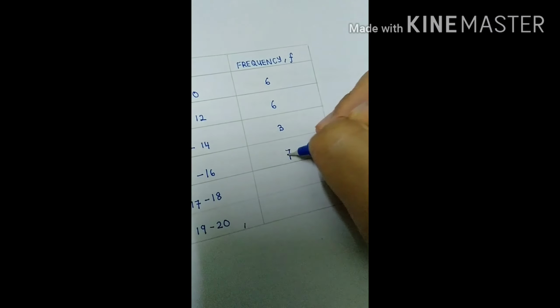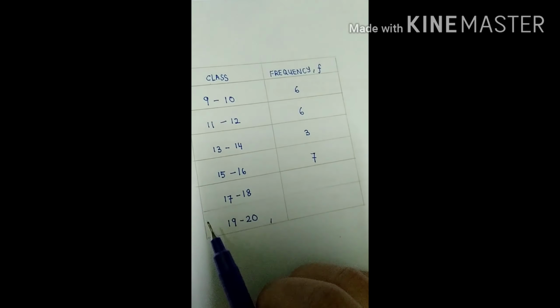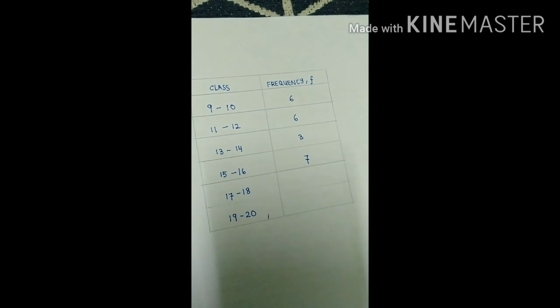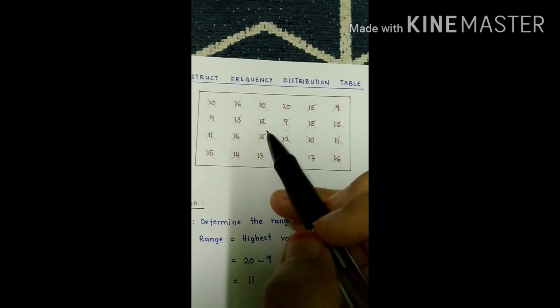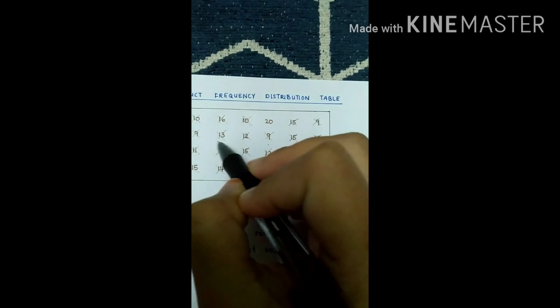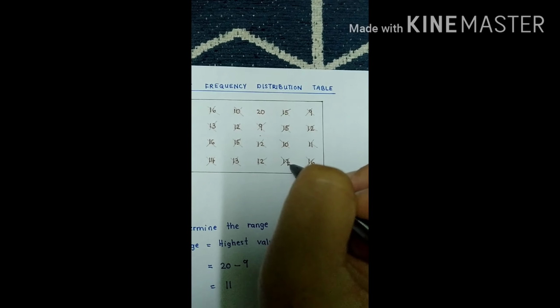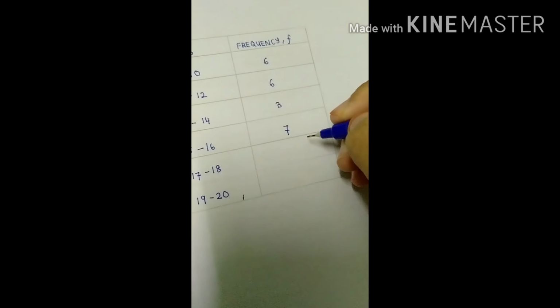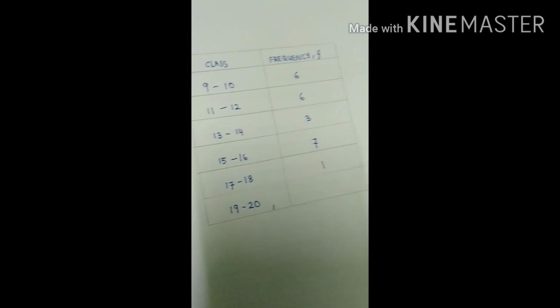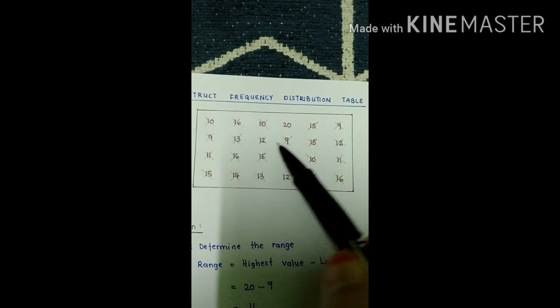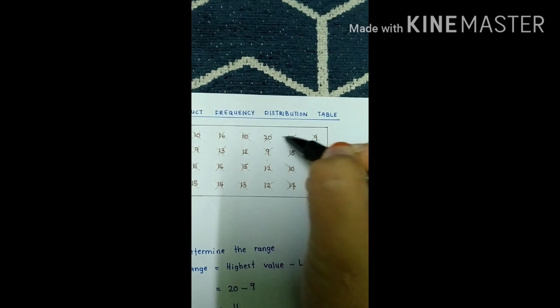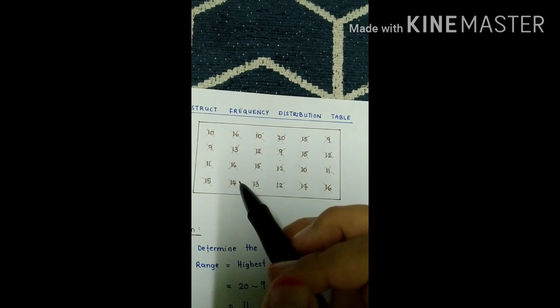For the second last class, 17 until 18, we only have one number, 17. And for the last class, 19 to 20, we have 21, so one only.